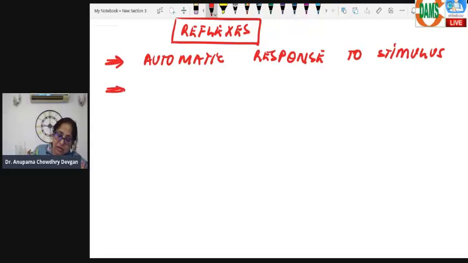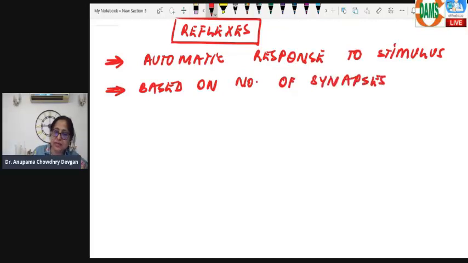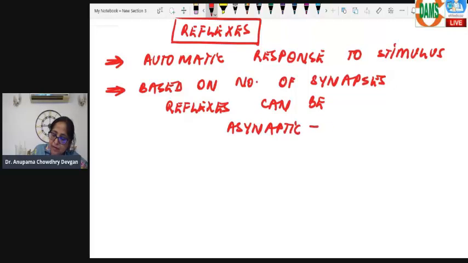Now, based on the number of synapses, reflexes can be divided into asynaptic. What is the example of an asynaptic reflex? Asynaptic reflex is what is known as the axon reflex.